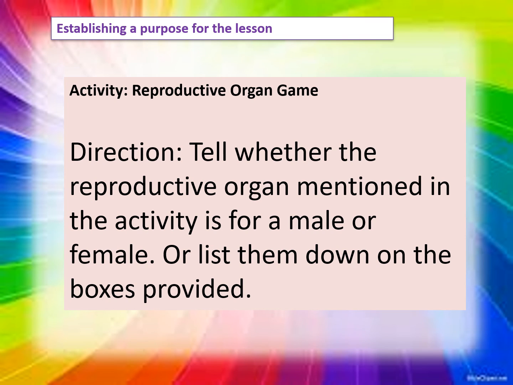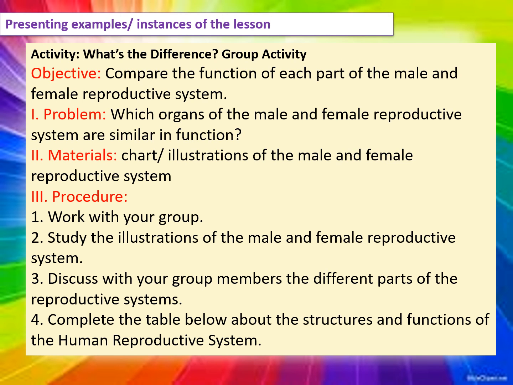Tell whether the reproductive organ mentioned in the activity is for a male or a female, or list them down in the box provided. What's the difference? Compare the function of parts of the male and female reproductive system. Which organs of the male and female reproductive system are similar in function?